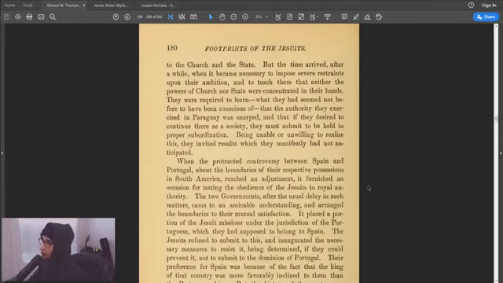They were required to learn what they had seemed not before to have been conscious of, that the authority they exercised in Paraguay was usurped, and that if they desired to continue there as a society, they must submit to be held in proper subordination. Being unable or unwilling to realize this, they invited results which they manifestly had not anticipated.